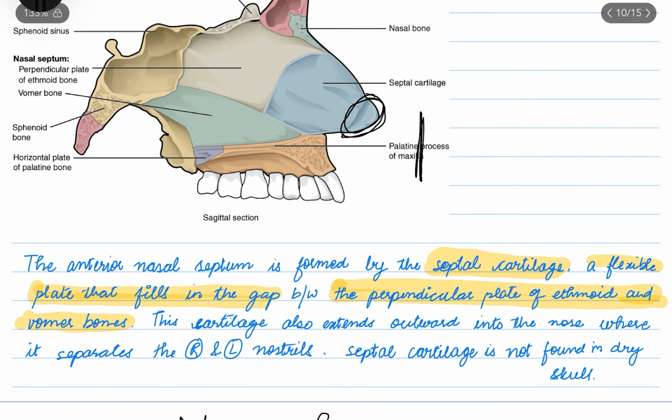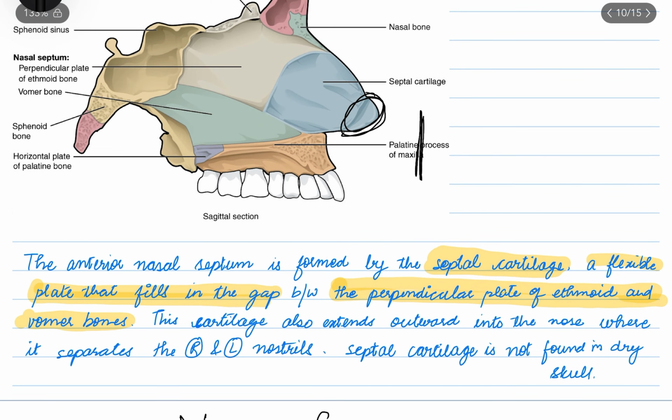Now the anterior nasal septum is formed by the septal cartilage. This one that I'll mark with red is the septal cartilage present in the nose area.